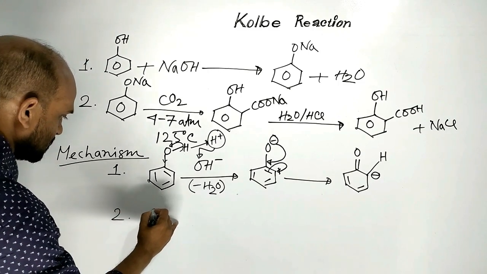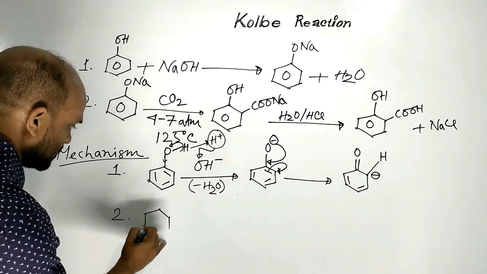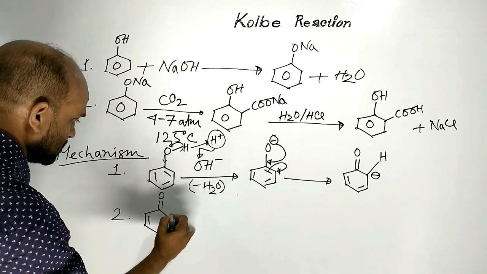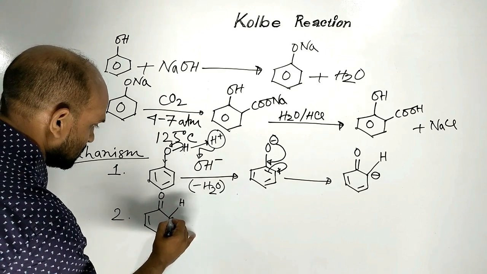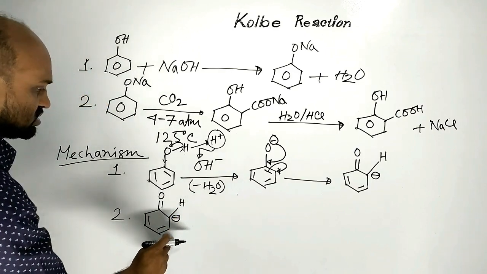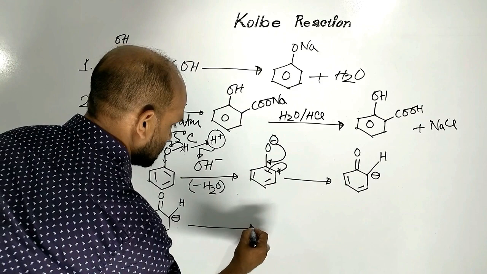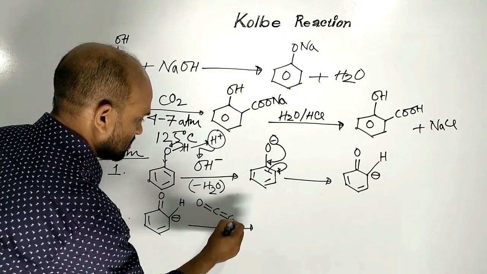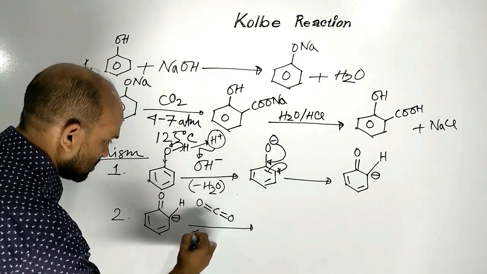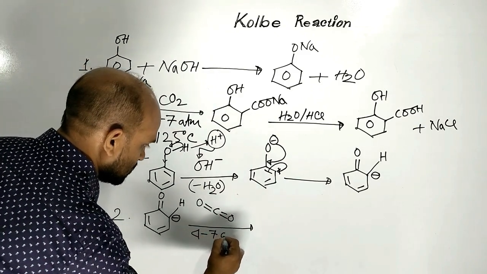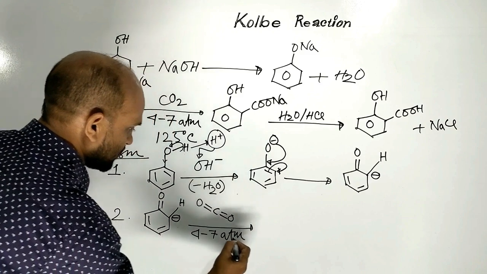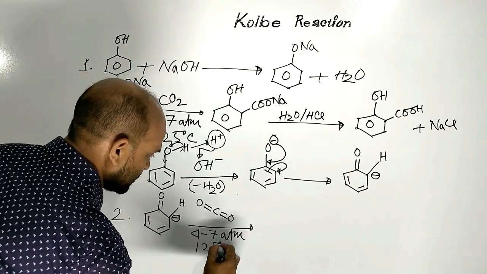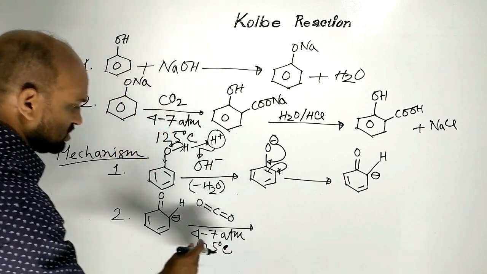Step 2. These species, hydrogen, negative charge, reacts with carbon dioxide at 4 to 7 atmosphere pressure and at 125 degrees Celsius temperature.